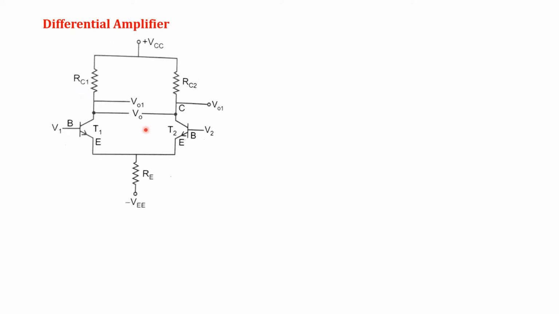Differential amplifier is a basic stage of operational amplifier. Therefore, it acts as a direct coupled amplifier. Here the circuit connection for the typical differential amplifier is shown.